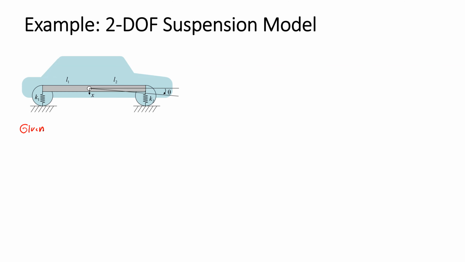In this problem, we have a car, and we model the complicated suspension system as a 2-degree of freedom system. The generalized coordinates that explain this system are just the vertical motion of the center of mass and the inclination of the vehicle body.